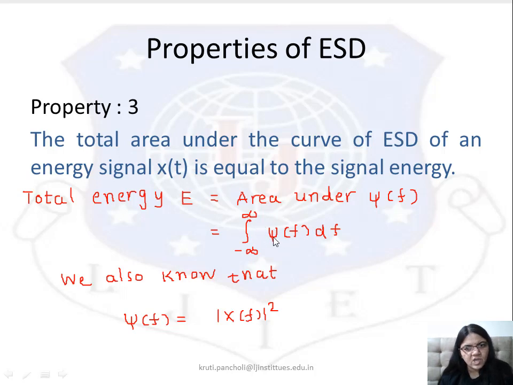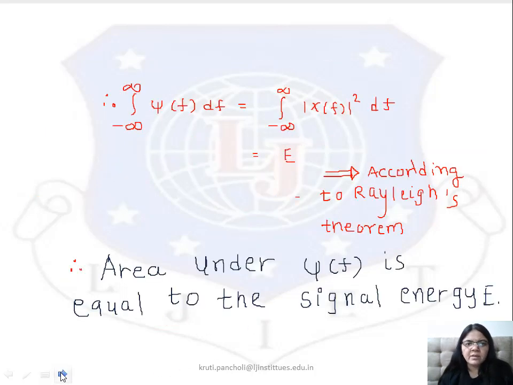But what is this psi(f)? Psi(f) is the energy spectral density, which is the modulus of X(f) whole square. So put the value of psi(f) here: the integral of |X(f)|² df.